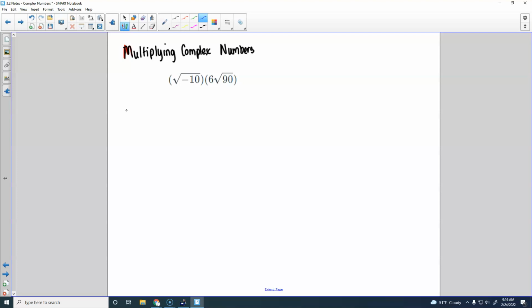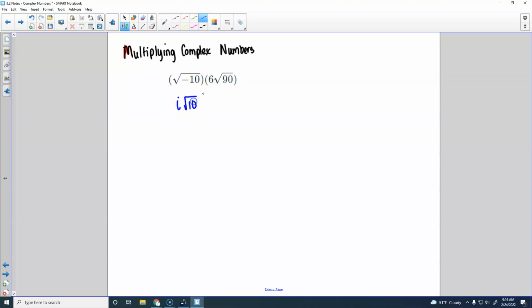I think we want to break them down first. Because on Delta Math, we want to at least, even if you don't break it all the way down, pull the i out. So we'll see one in a minute where it's going to matter, because I didn't do it that way. So pull the i out.